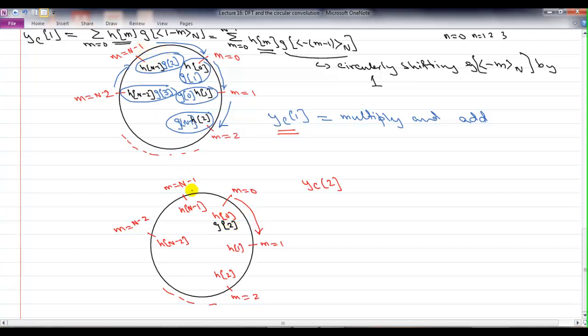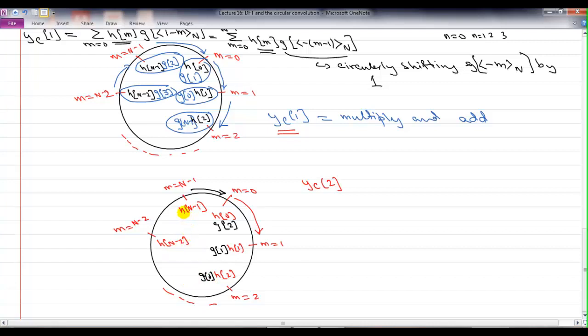We had g of 2 at m equal to n minus 1, so that goes to m equal to 0 in yc2. Similarly, we get g of 1 at m equal to 1, and g of 0 at m equal to 2, and this keeps on going.